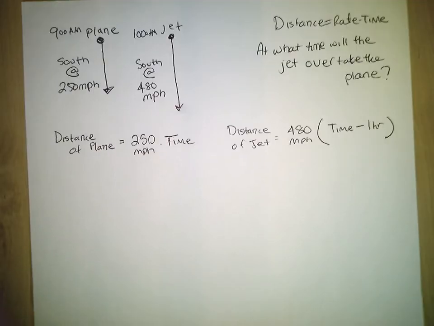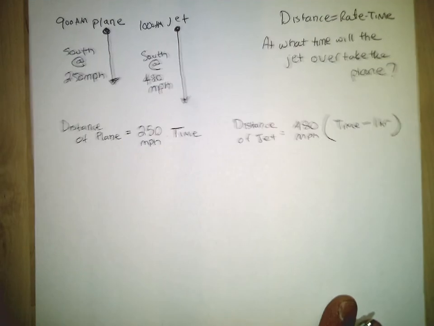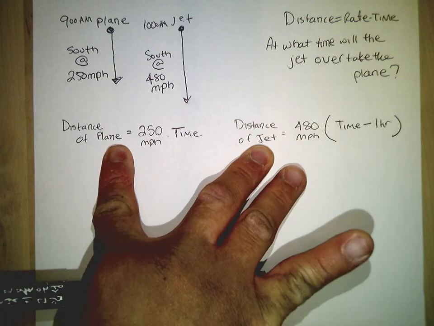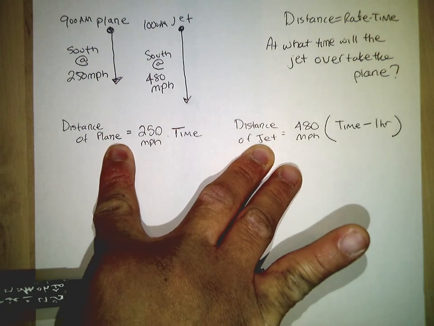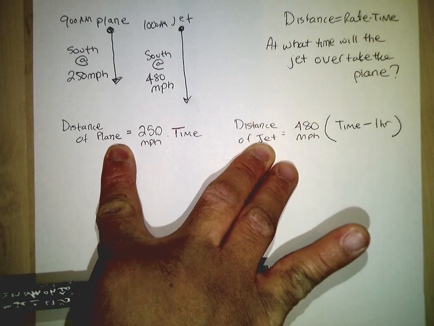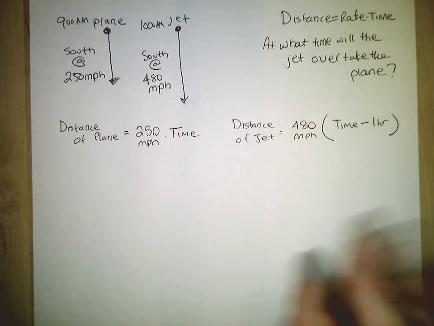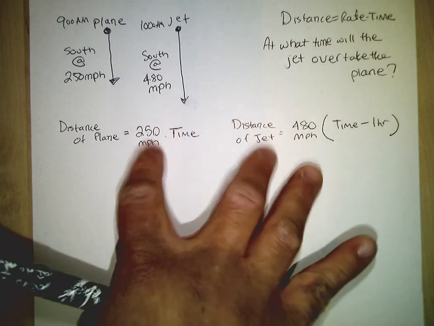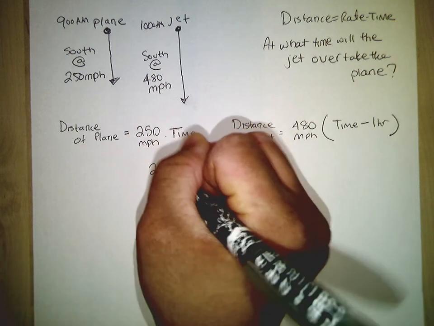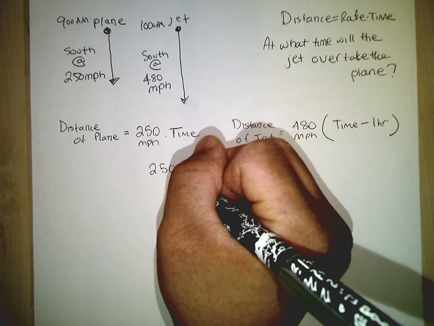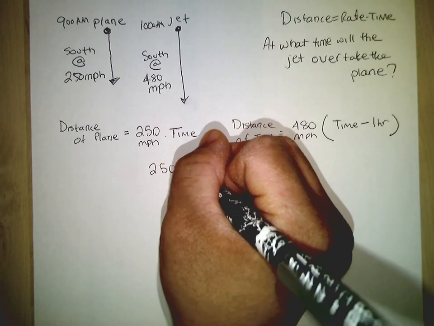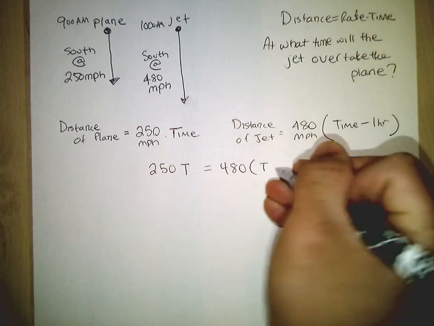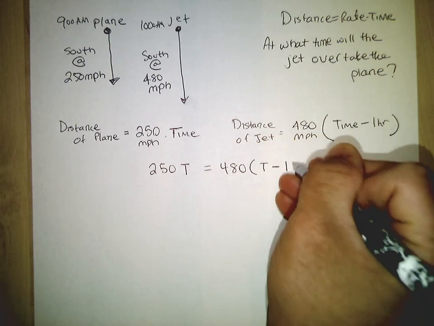So now when will the jet overtake the plane? Well, that means I need to figure out when these two distances are equal, and that's the point at which the jet will go past where the plane is. So let's set these equal to each other. 250 times t, let's just say for time, is equal to 480 times t minus 1.